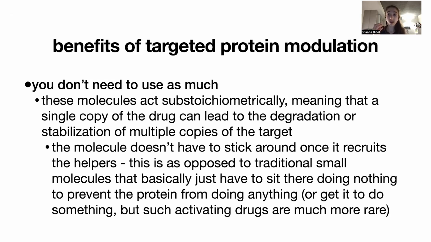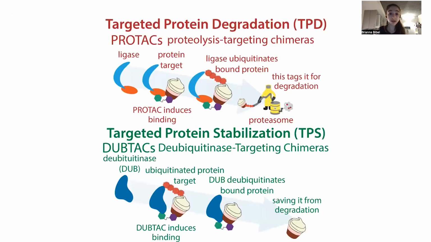So one copy binds, and then the protein that recruits the ligase or recruits the deubiquitinase does its thing: it ubiquitinates the protein or deubiquitinates the protein. I'll talk mostly about the degradation, which is what we're most focused on, since DUBTACs are a little newer and not as well studied. In the case of degradation, you get the ubiquitination and then the subsequent degradation.